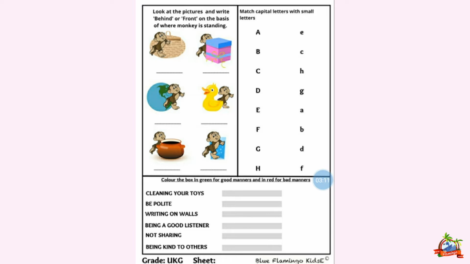When the monkey is in front of the object, then we will write front. When the monkey is at the back of the object, then we will write behind. अगर monkey सामने खड़ा है object के तो हम front write करेंगे. अगर monkey object के पीछे खड़ा है तो हम behind write करेंगे. Understood?